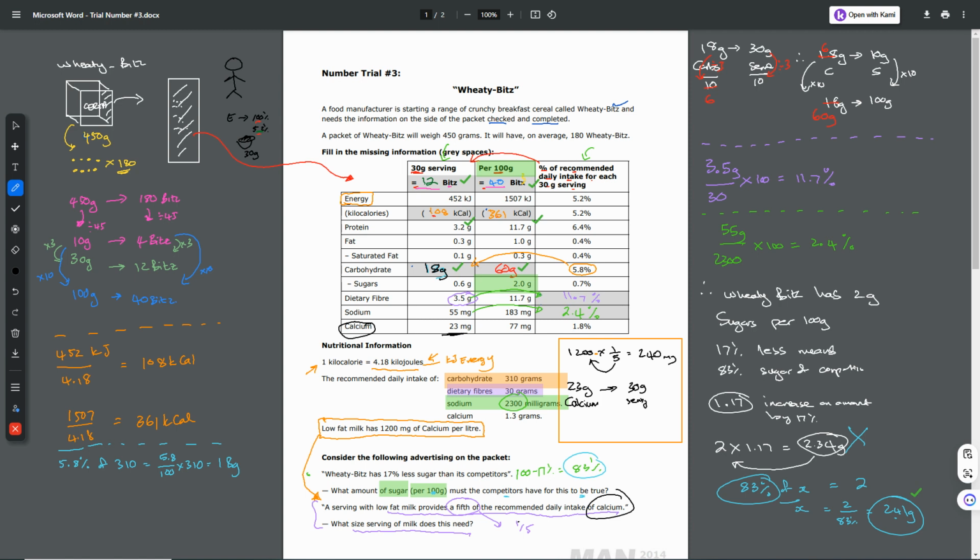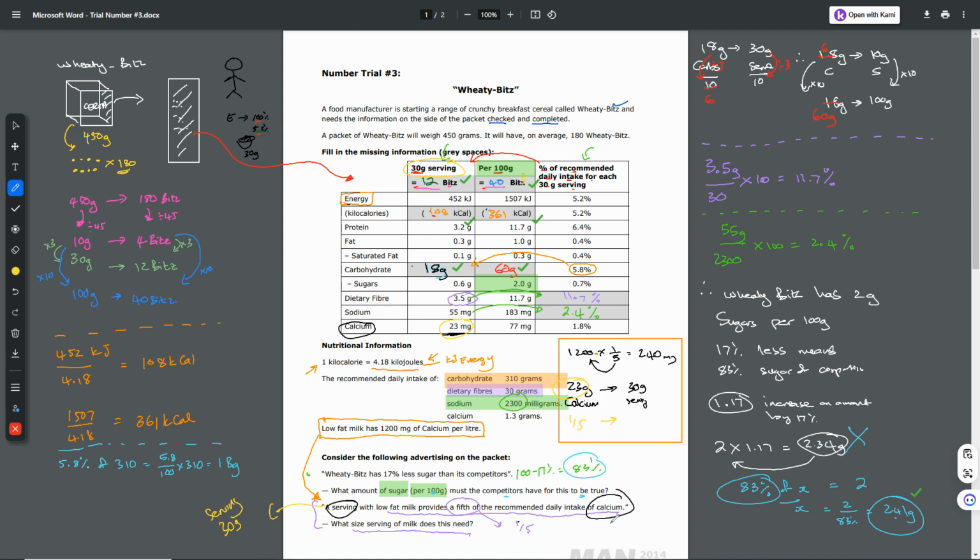Where would we get 237 from? Remember, a serving is 30 grams. That's over here. It provides 1/5 of the recommended daily intake. So 23 grams is 1/5 of the daily requirement.